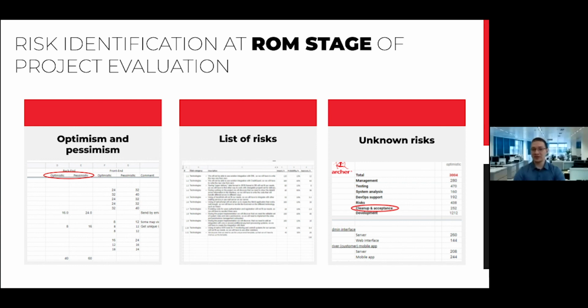The list of risks and the calculation of this reserve you may find on the risks tab, and the management reserve has already been included in the cleanup and acceptance line on the main tab. As you can see, our approach is very complex and covers all kinds of risks.